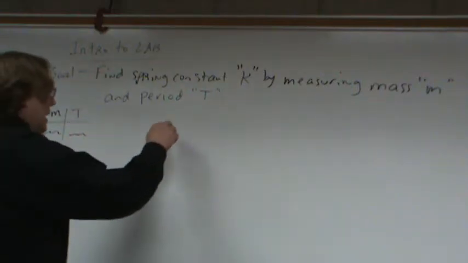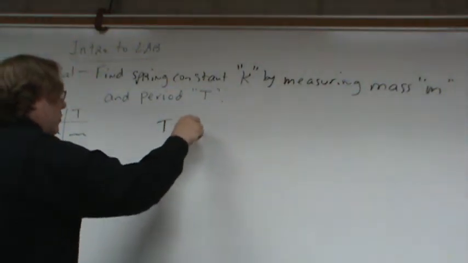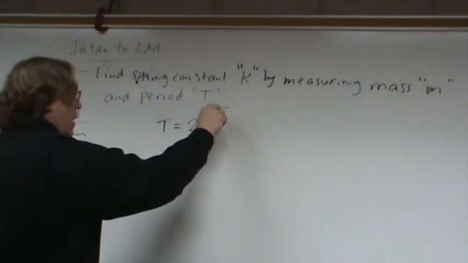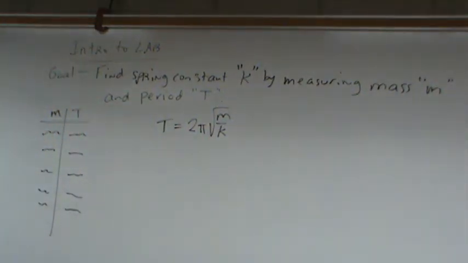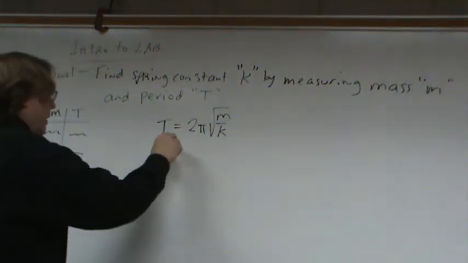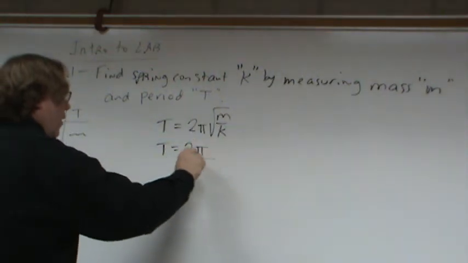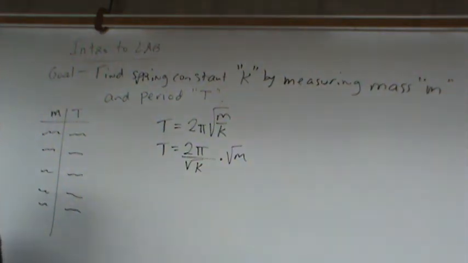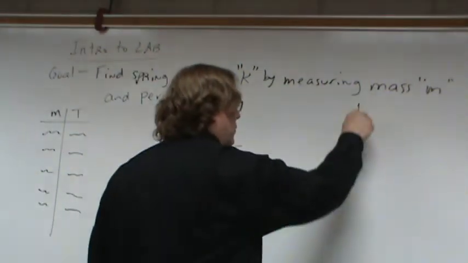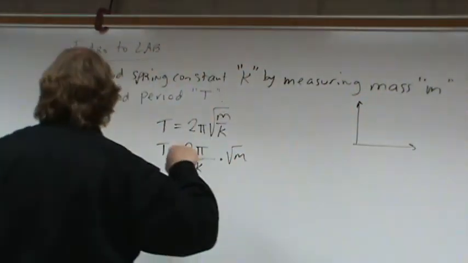Next, we've got an equation, T equals 2 pi times the square root of m over k, which means period equals 2 pi over the square root of k times the square root of m. Now let me ask you, what if I were to graph this data here?